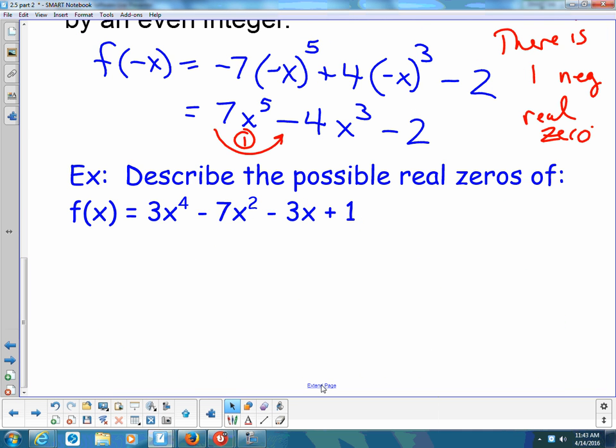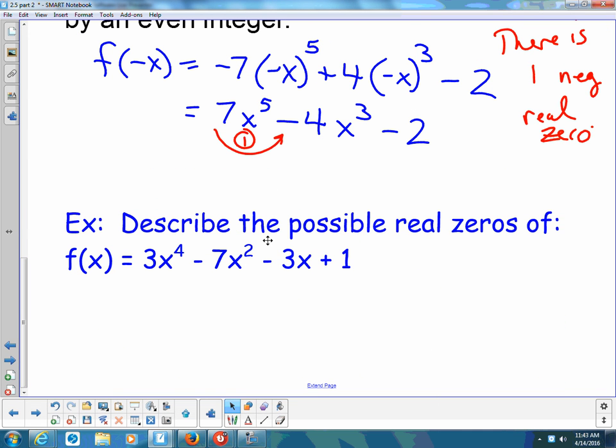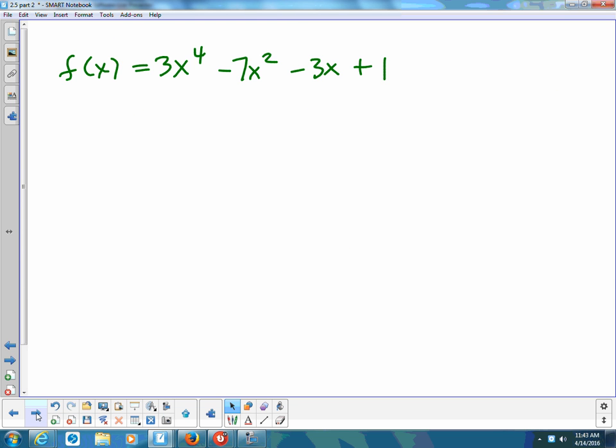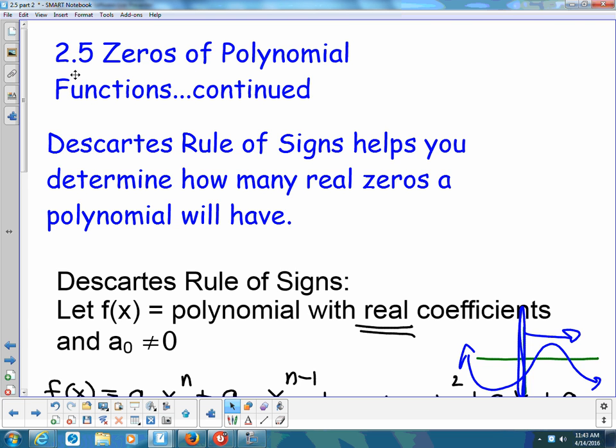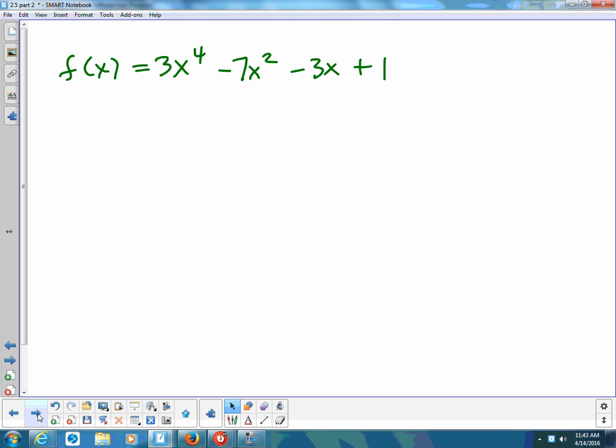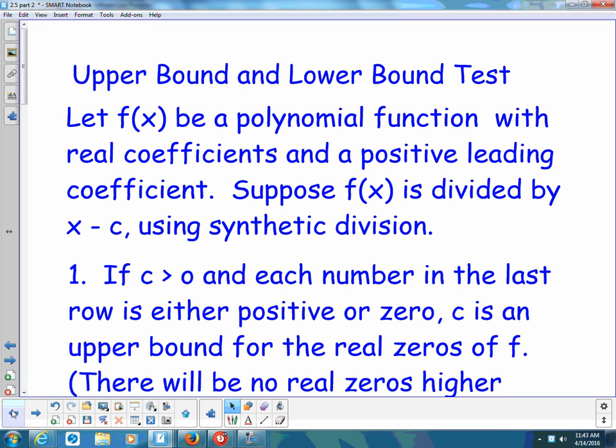All right, do you have this example on your gift? No? Is that the same one? Does that look like the same one? Because it is the same one. No, so you don't have any, or you do have something on your gift about Descartes' rule of signs? You do.